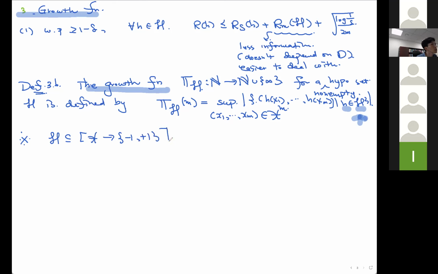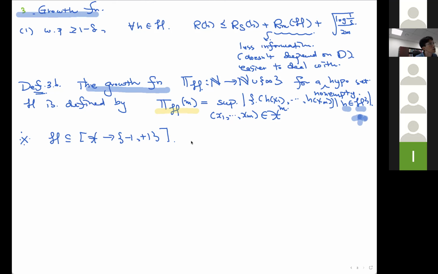That's the setup that we have been using so far. In this setup, the growth function is bounded, and the bound can be computed like this.